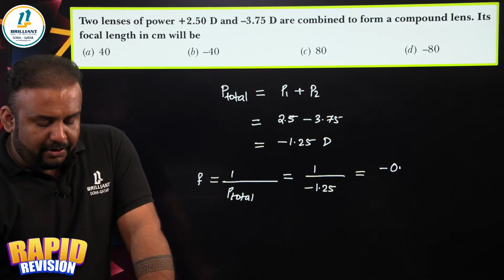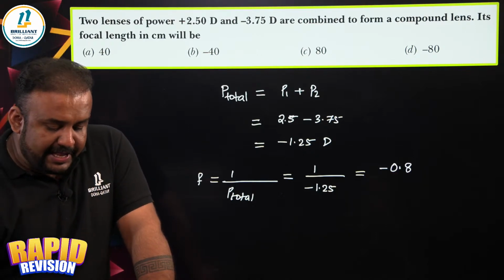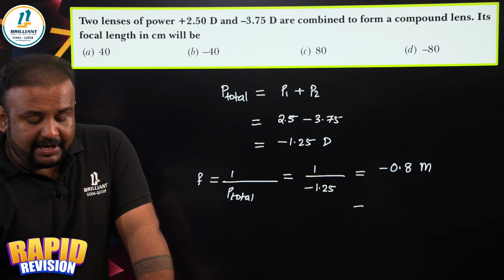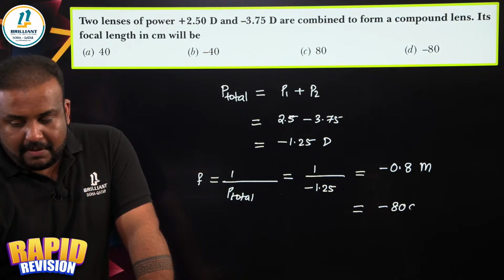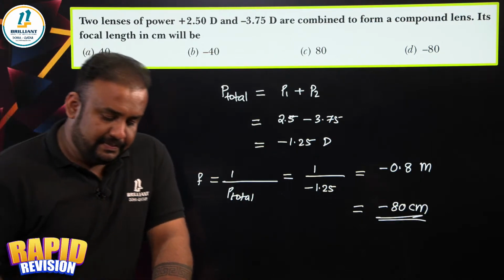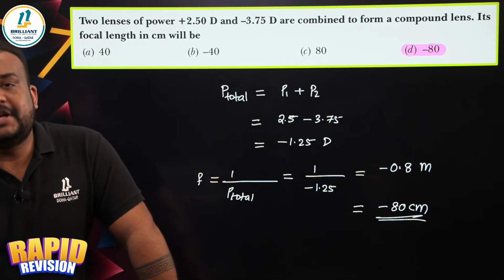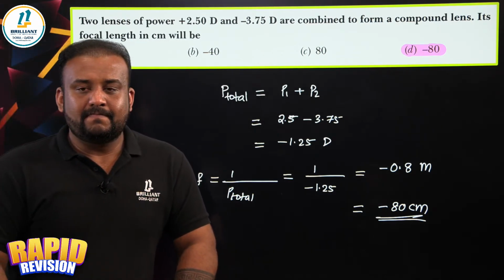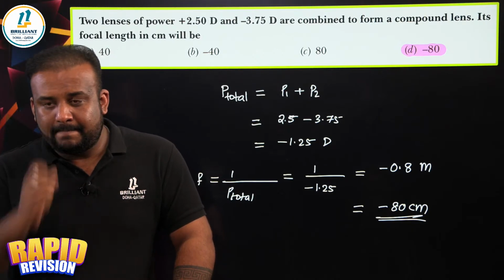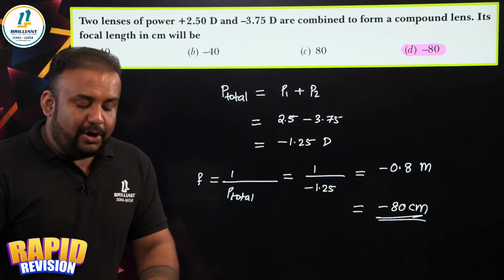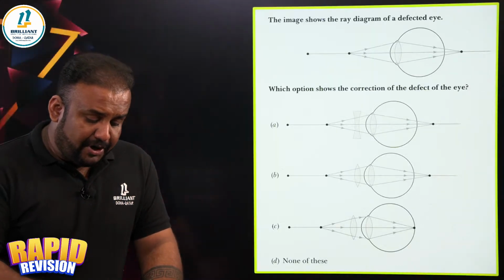You get minus 0.8, isn't it? That much meter will be the answer. But they asked in centimeter, so it will be minus 80 centimeter. So the right answer will be minus 80. Is that clear to all? Okay, excellent. So this is the combination problem, one important numerical.